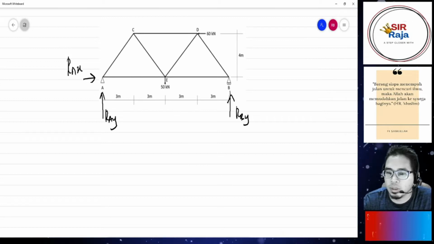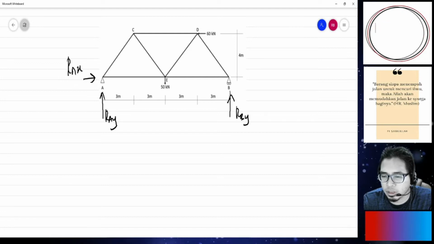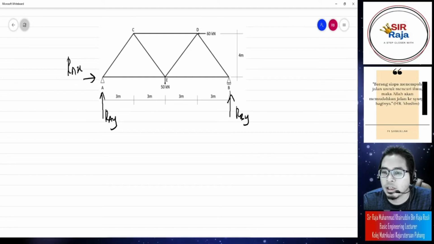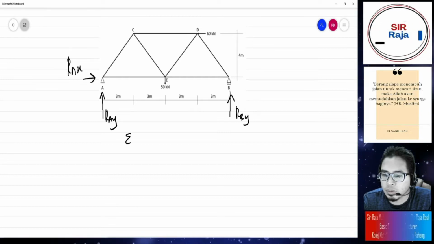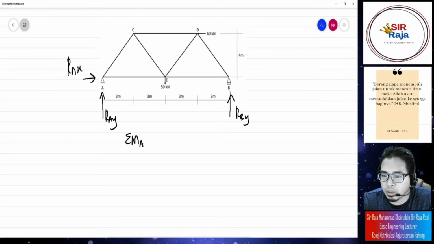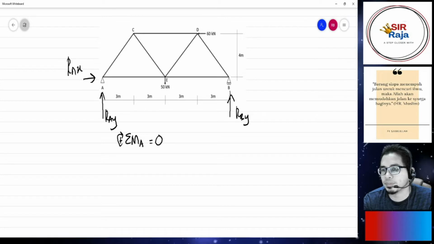We're going to start by using the concept that the total resultant of bending moment is equal to 0. We're going to assume at point A, clockwise is positive, and this is equal to 0.